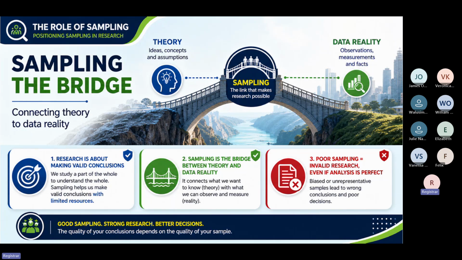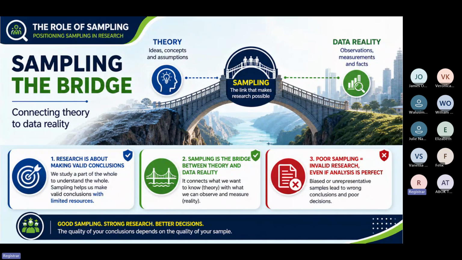So what I say is that in theory, we create ideas, concepts, and assumptions, and we make our research design, methodology, then we do the data collection tools, and before that, we have to make sure what kind of sampling technique you are going to use, because based on that, we have to develop our data collection tools.